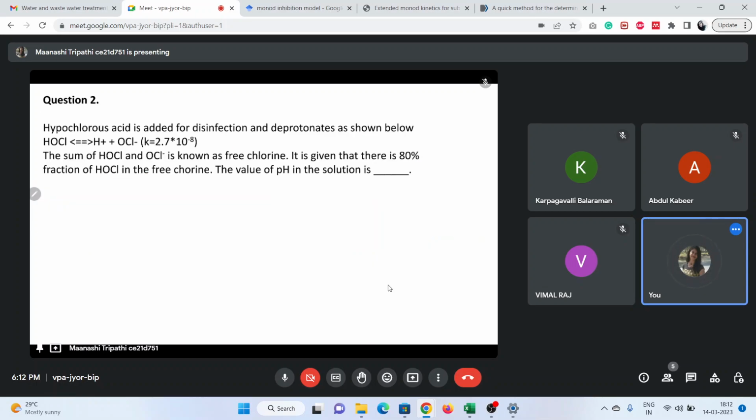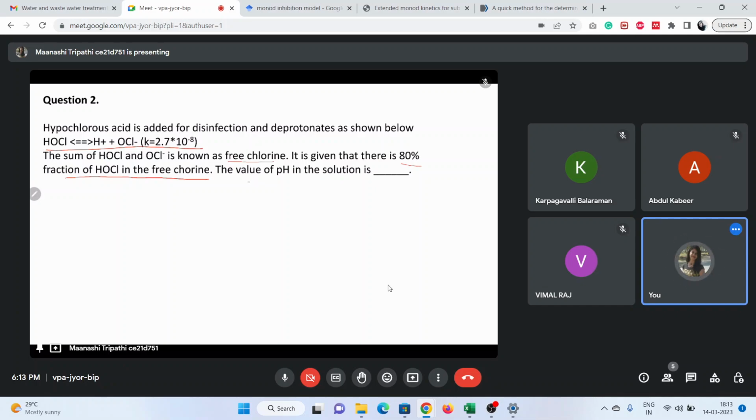Second question is, hypochlorous acid is added for disinfection and deprotonates as shown in this equation. This is the Ka. The sum of HOCl and OCl- is known as free chlorine. It is given that there is an 80% fraction of HOCl in the free chlorine.